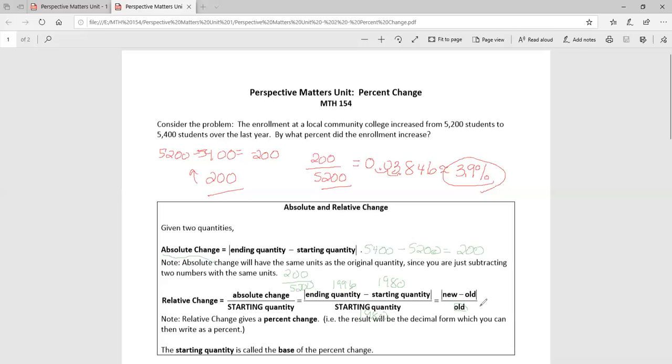So a couple ways to think about this: absolute change over your starting quantity, ending minus starting, etc. Now in my top example, it asked for percent. So at the end, you can change it over to percent change. You'll have a decimal, multiply it by 100, and then that'll give you the percent. And think of the starting quantity as the base, which is the denominator. All right, pause a minute if you need to write.